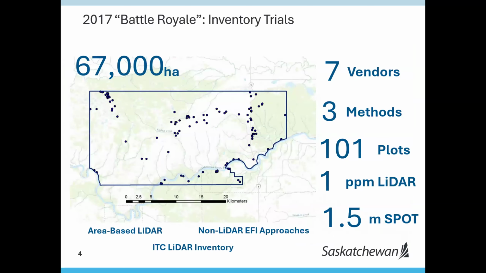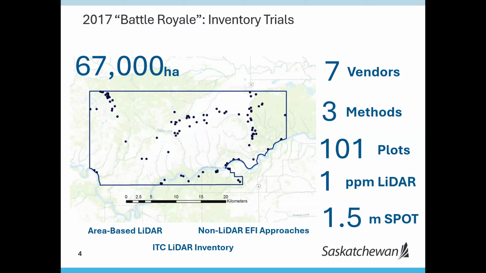So we leveraged that 67,000 hectare initial LiDAR acquisition with what we affectionately refer to as the Battle Royale. It was a head-to-head test of 7 inventory vendors who provided inventories ranging from area-based LiDAR solutions, individual tree LiDAR inventories, and spaceborne variants.